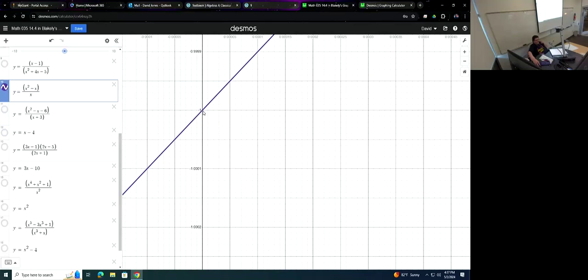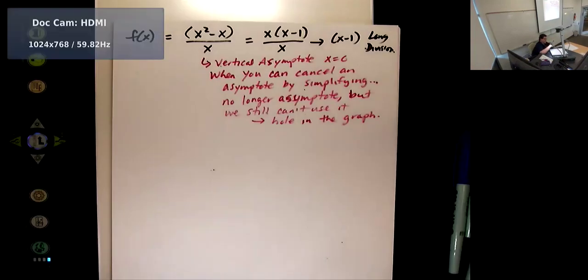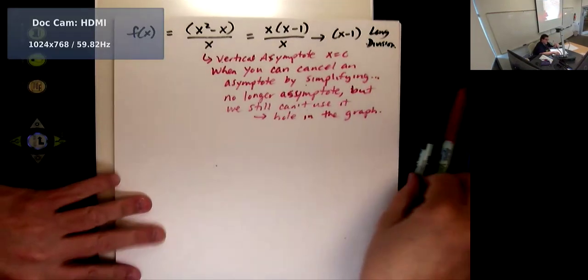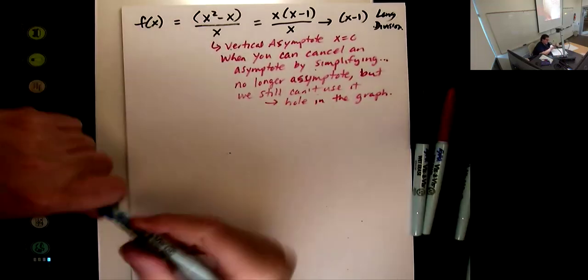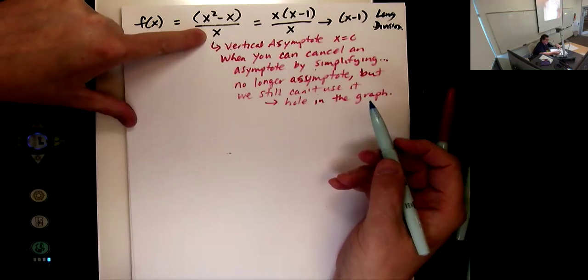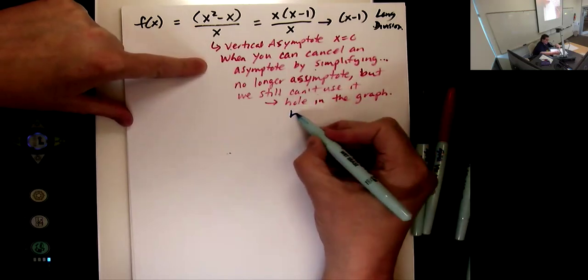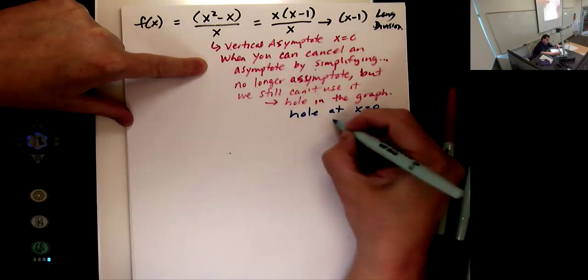It's crazy, right? So in terms of vertical asymptotes, we don't have them. We have a hole at x equals 0 instead of a VA.